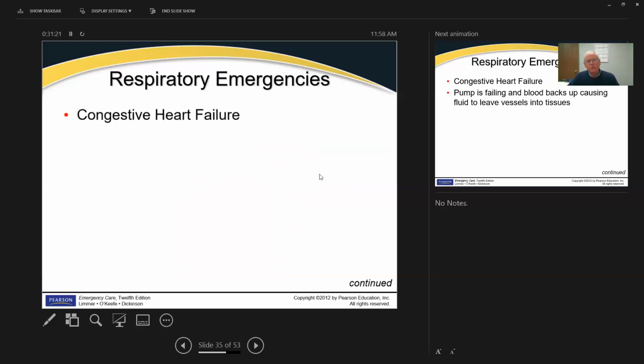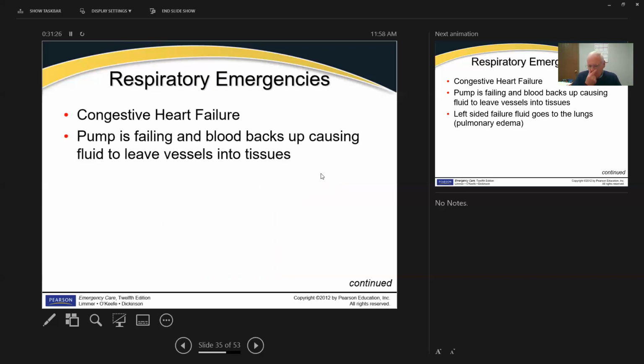Another situation we could run into is congestive heart failure. Basically what's happening here is the heart is a double pump, and we're going to talk about cardiac stuff on Wednesday. The right side is pumping blood to the lungs, and the left side is pumping blood to the rest of the body. So it's like two pumps.